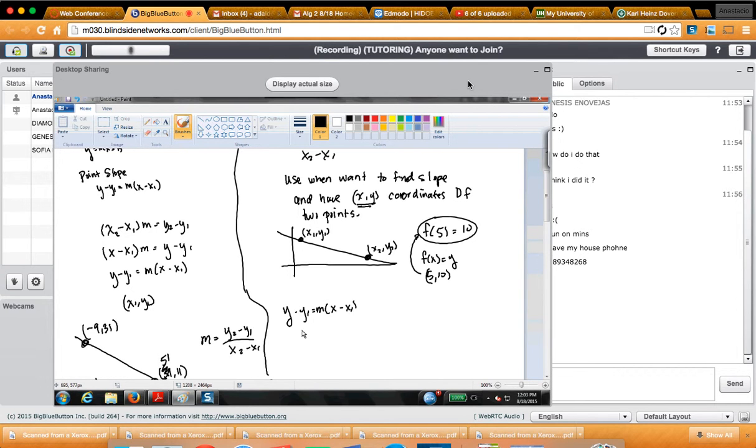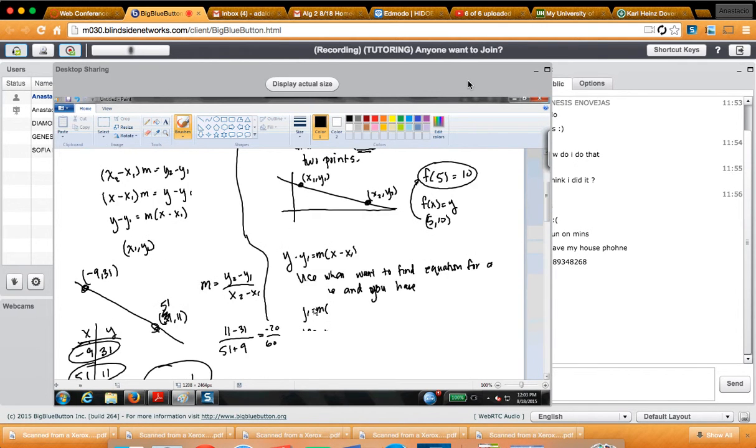Use it when you want to find the equation for a line and you have a slope, or the slope, and at least one point.